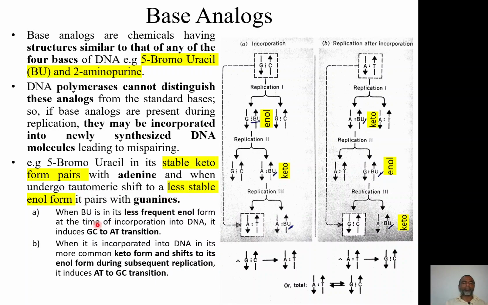Let us look at case A. If the bromouracil is in its less frequent enol form at the time of incorporation into DNA, it induces a GC to AT transition. How? It was present in the less stable enol form, and we know that in this form it will pair with guanine.